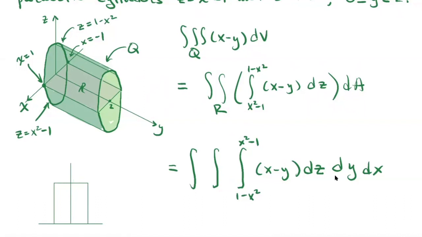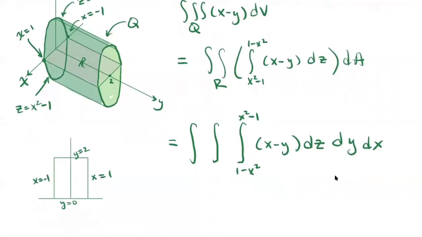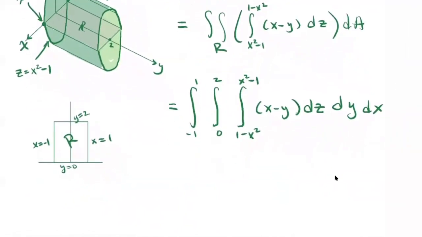So it's a rectangle, and rectangles are super easy, right? y equals 2, y equals 0, x equals -1, x equals +1. So those are your limits on x and y. And the region is R. And you evaluate this just like a double integral.